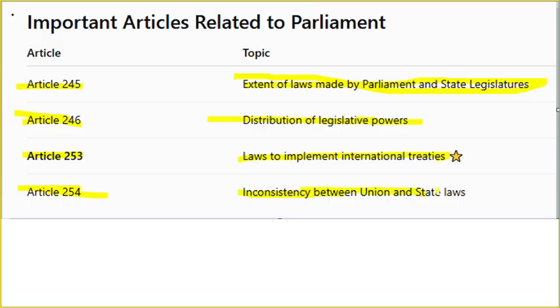Inconsistency between Union and state laws.